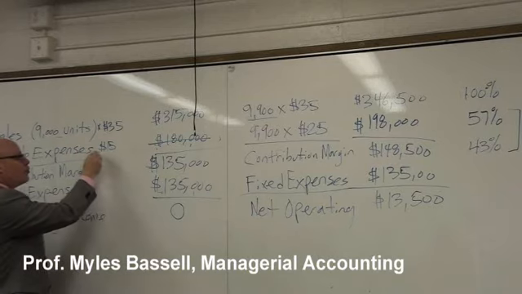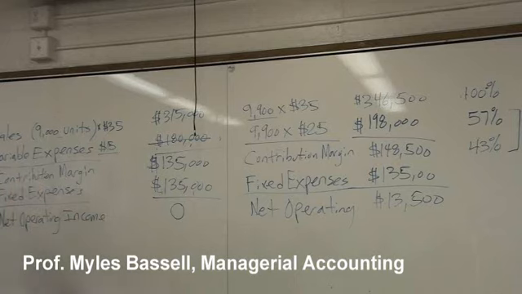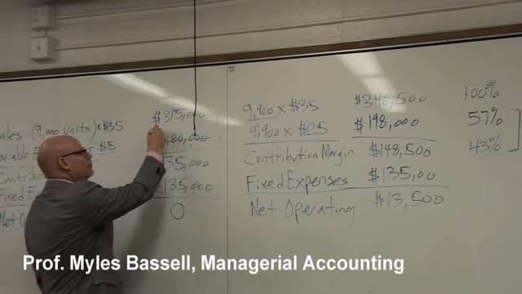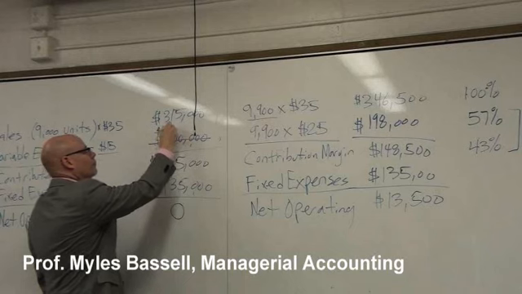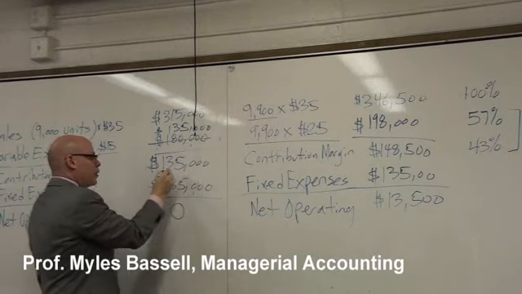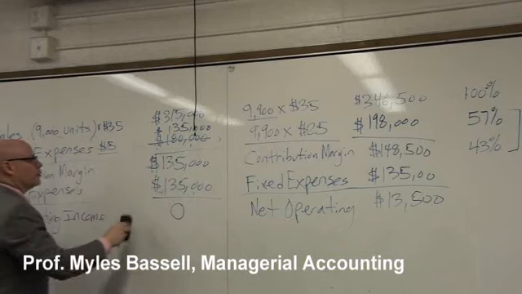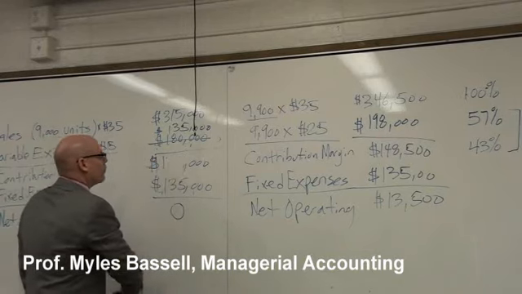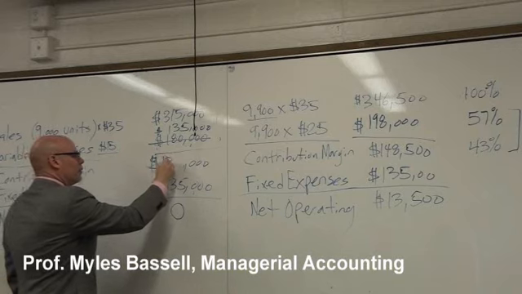So Alex negotiated this better deal for us, $15 per unit produced. So what is our variable expense going to be now? And then what's our new contribution margin? 180,000.